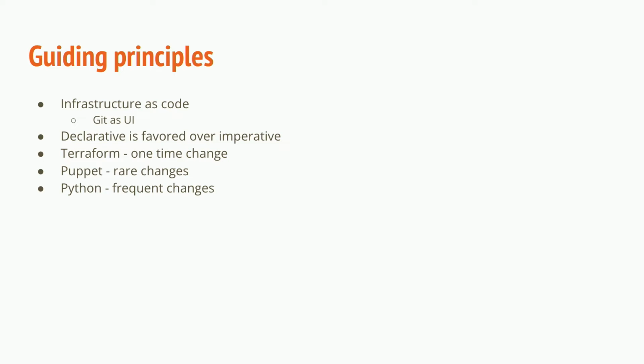Next, on each level of provisioning we try to use a declarative interface. Terraform obviously supports a declarative interface. So does Puppet.